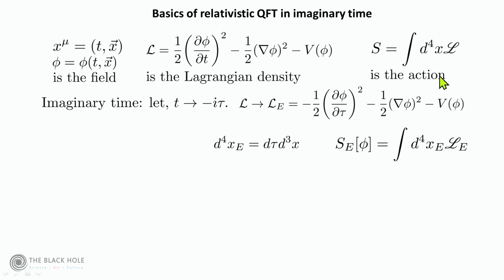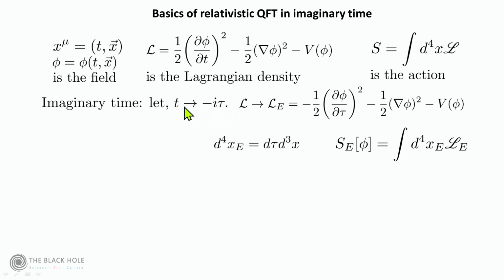As before, it's advantageous to go to imaginary time, so t goes to minus i tau, and the Lagrangian becomes the Euclidean Lagrangian. The only thing that changes, see over here, t is affected, not anything over here or here. So the sign over here changes. Now they're all of the same sign. And so in this S over here, we're going to have d tau, which is minus i.